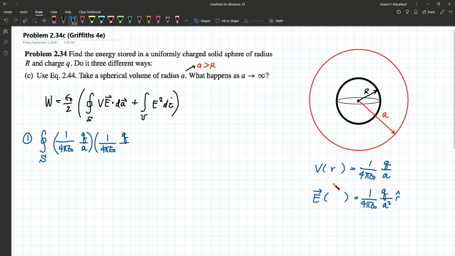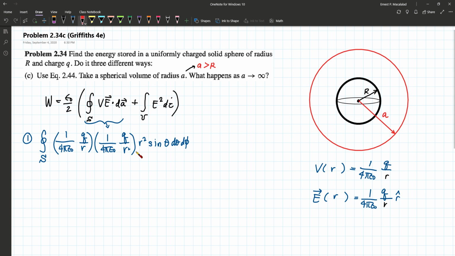Let's do the integral first before substituting A. The area element is r squared sine theta d theta d phi.